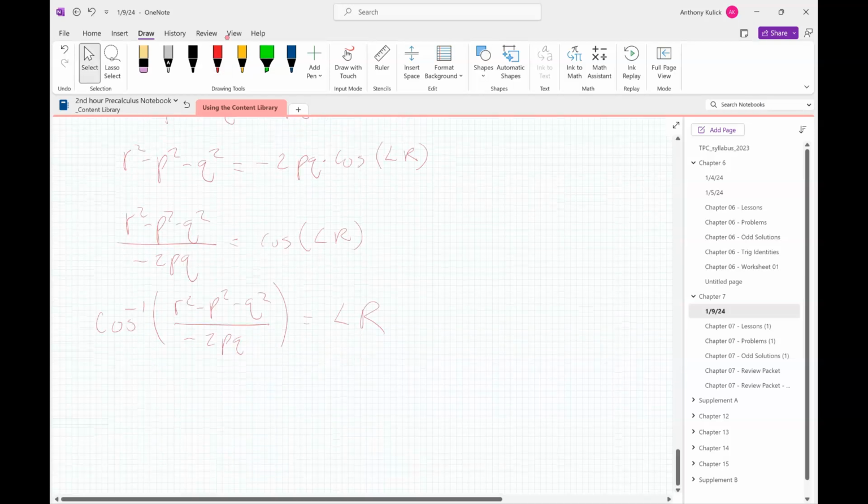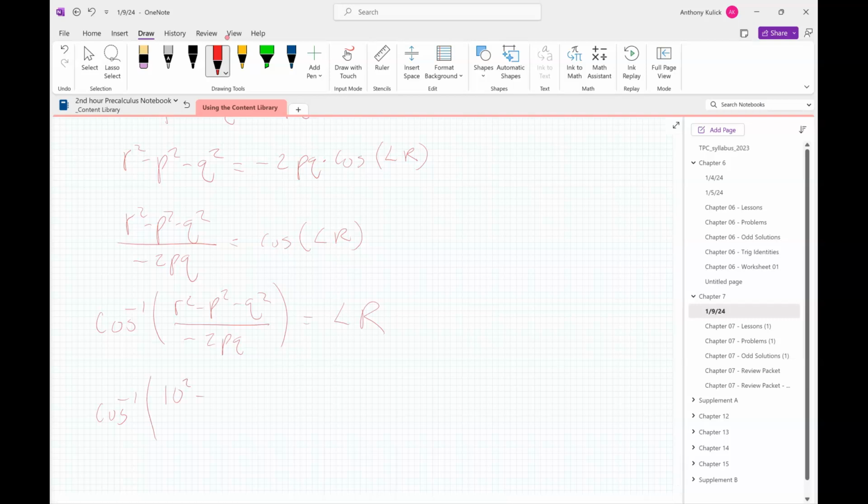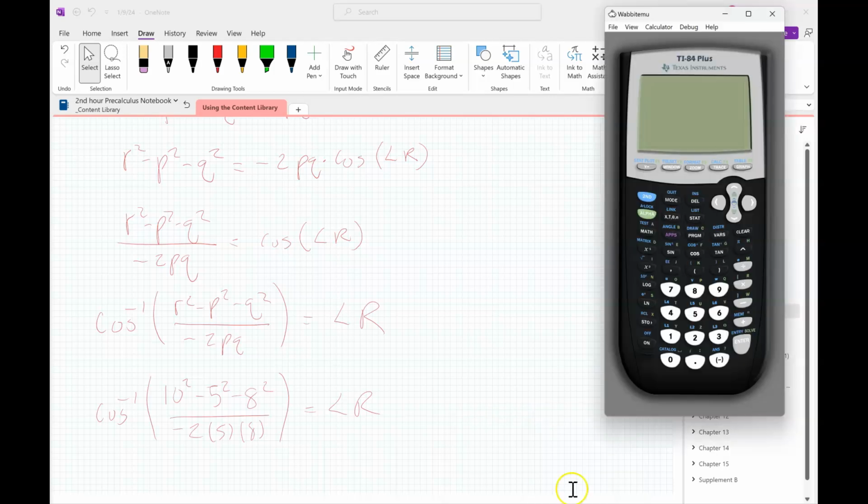And now I'll fill the numbers in. P was, which one was P? 5. And once again, students, for all that is holy, do this in one line on your calculator.